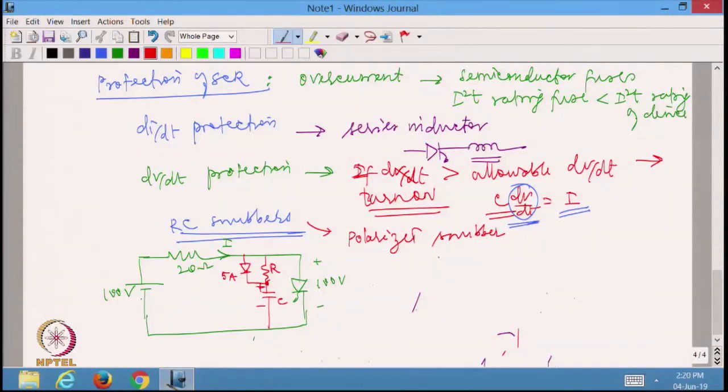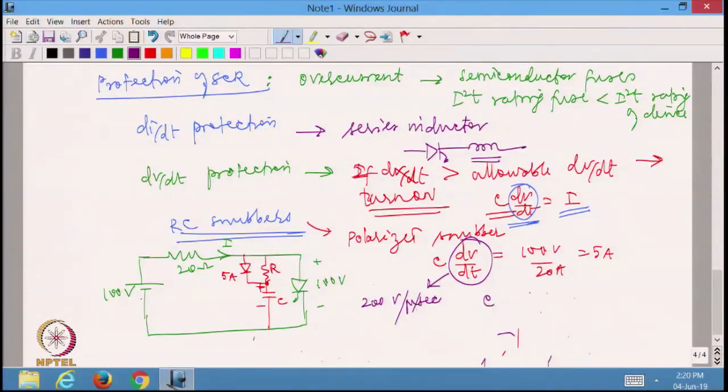So, I am going to have C times dV by dt, whatever can be withstood by my thyristor, equal to I, which is actually 100 volts by 20 ohms, which is 5 ampere. Let us say this dV by dt, which can be withstood by the device, is 200 volts per microsecond. I am just arbitrarily taking the value.